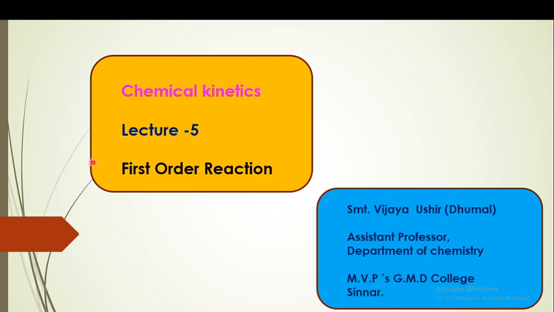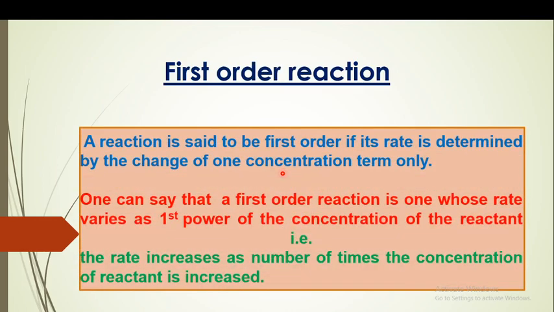In this lecture, we will study the first order reaction by PPT presentation. So, what is first order reaction? A reaction is said to be first order if its rate is determined by concentration change of one reactant term only, or we can define the first order reaction like a way that the rate reaction whose rate varies with first power of the concentration of reactant.